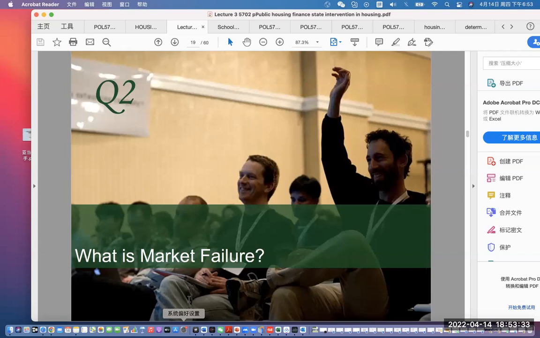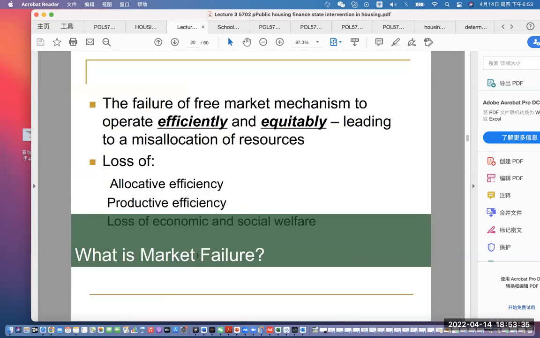And then we introduce generally what market failure is, which is also important. In the majority of cases, we have said when the market fails, the government intervenes. So market failure is considered very important in this period of time, when we look at efficiency versus equity.